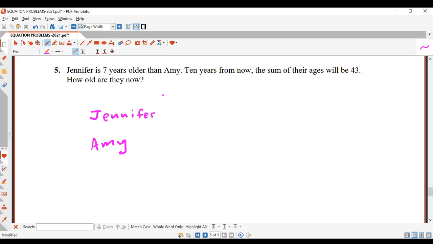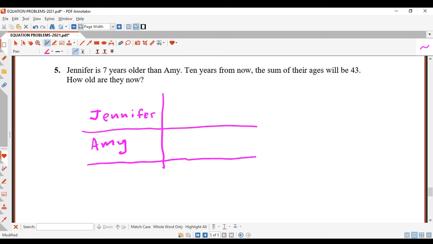And we're going to do a little table. You'll see why this is going to help us. We're going to do their age now, and then we're going to do their age in 10 years' time.